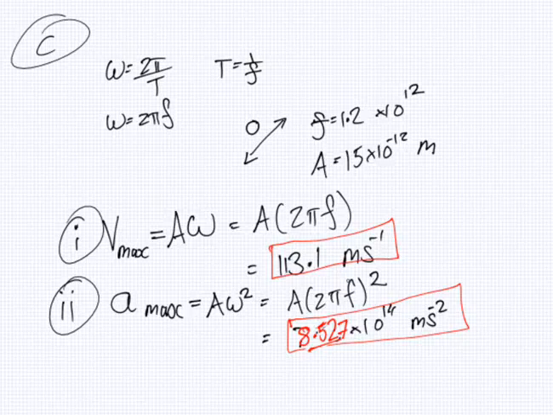I got 8.5 times 10 to the... No, I'm pretty sure this is right. Look, this is A. This is 2 pi f, and then it's squared. So here's another 2 pi f.